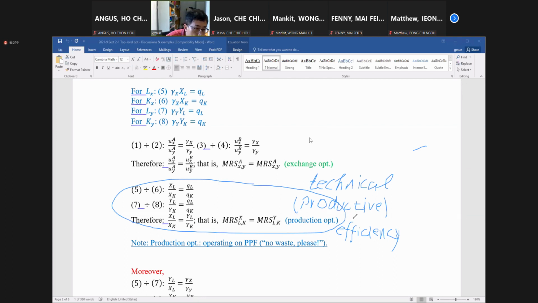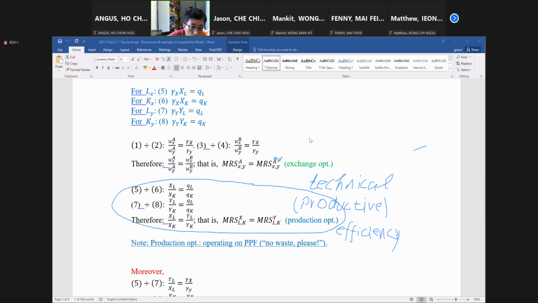This is a typical problem faced not by economists. It's rather faced by the engineers, the people who are doing the business of production. And so therefore, this part is not about the so-called, sorry, this one should be B.